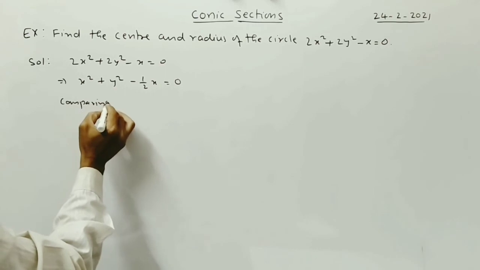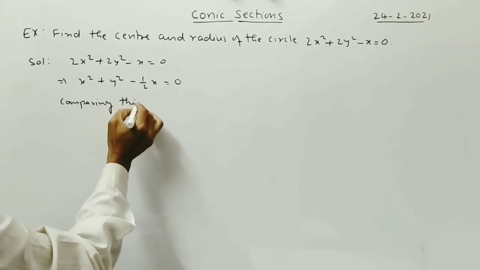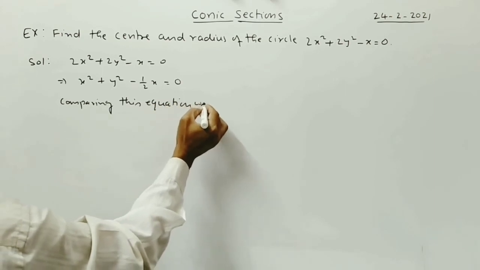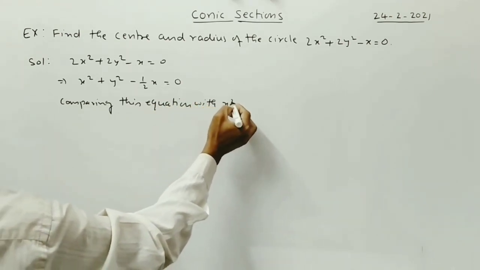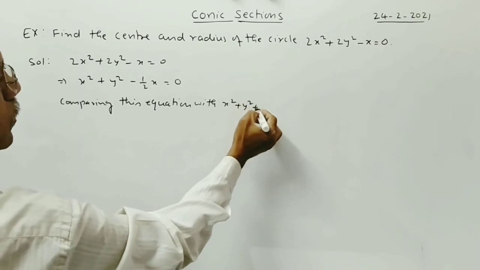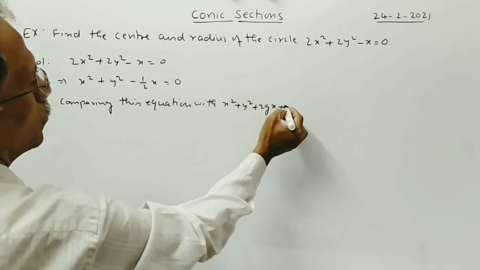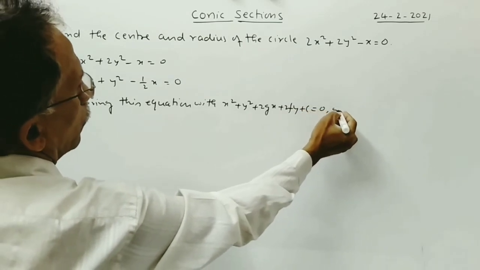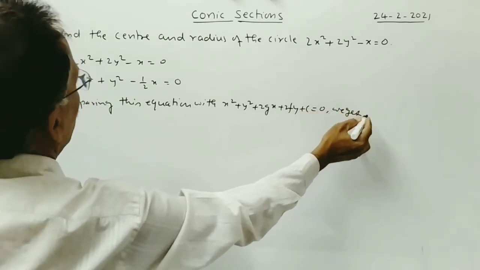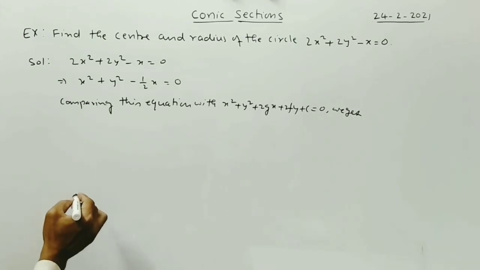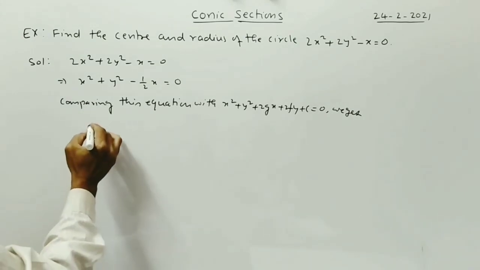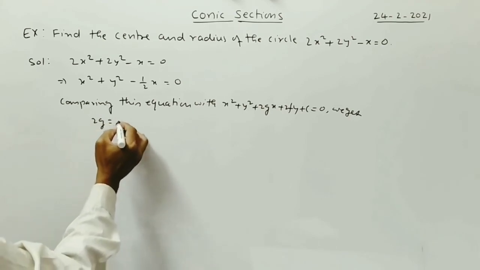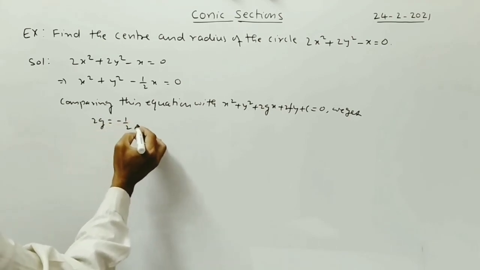Comparing this equation with x square plus y square plus 2gx plus 2fy plus c is equal to 0, we get 2g is equal to minus 1 by 2.